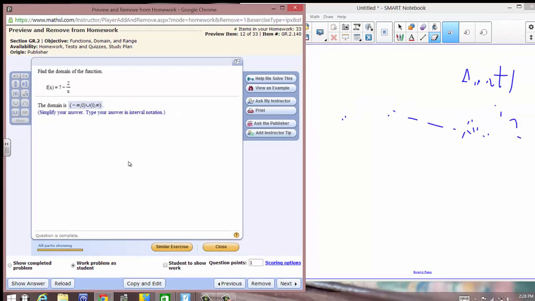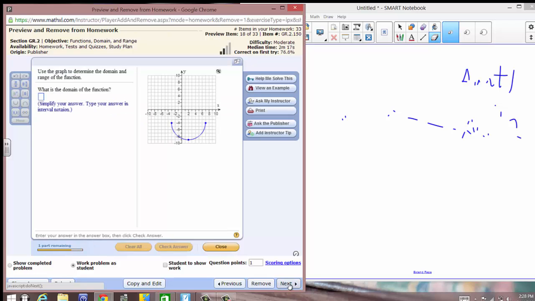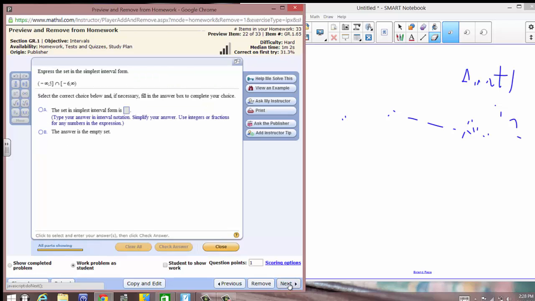The next problem that some people had trouble with was number 22, so let's move up to that one. Express the set in the simplest interval form, and then they give you that intersection of intervals.